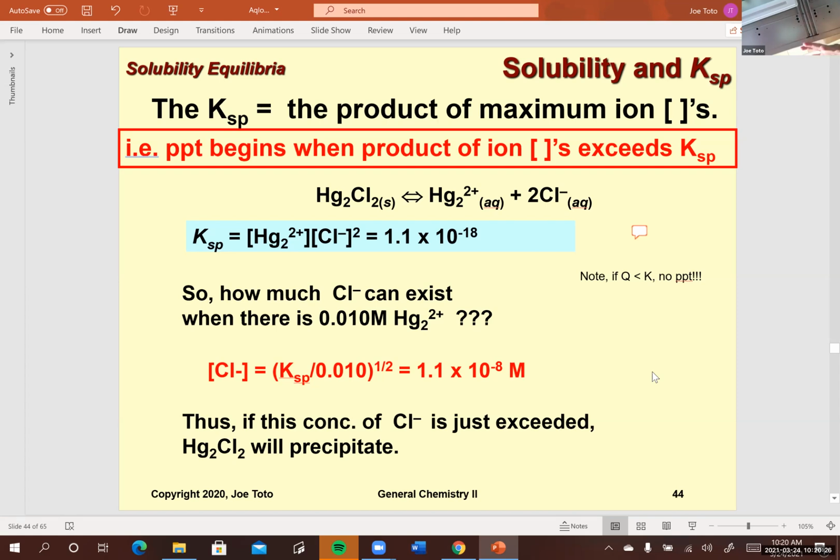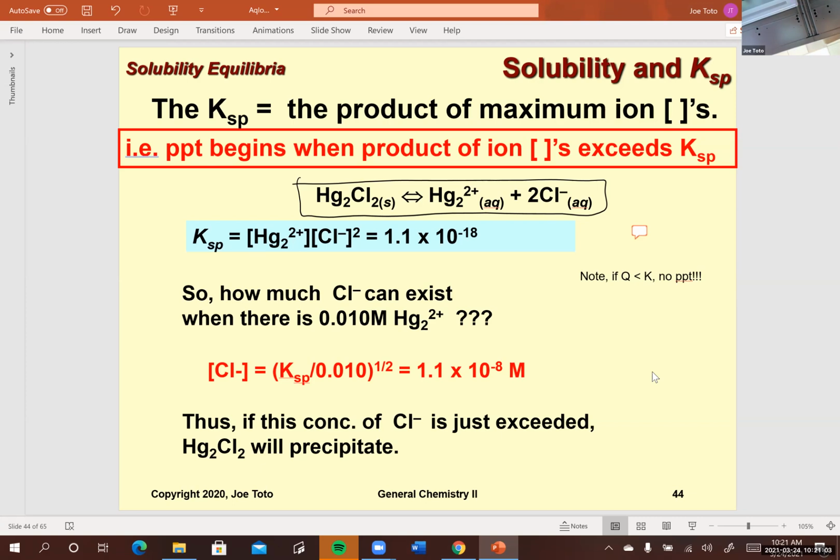And that kind of falls out with the Q concept. In other words, if I look at some equilibrium of an insoluble salt like this one, then I can define my Ksp right away for that insoluble salt. And I've done that there. It's mercury times chloride squared. And I can look up the value for that.